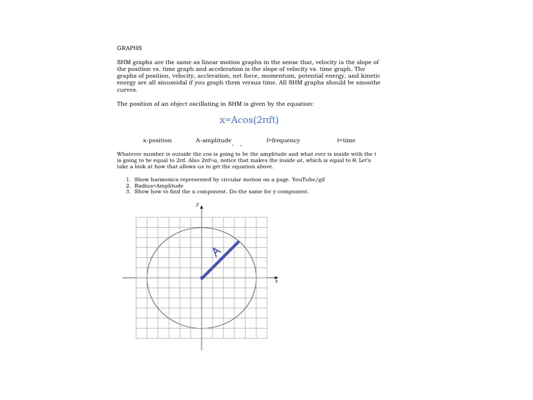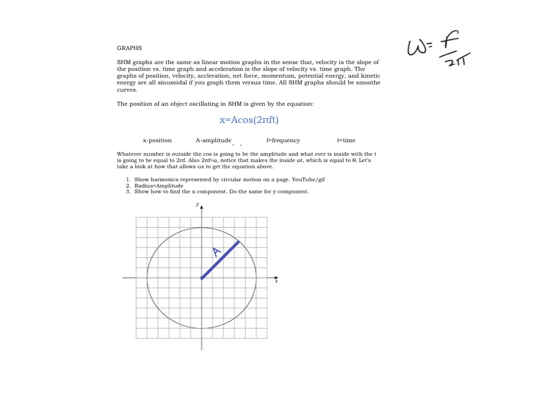Okay? So to begin with, the position on a simple harmonic motion graph is given by the equation x equals A cosine 2 pi f t. And sometimes, remember that omega was equal to 2 pi f.